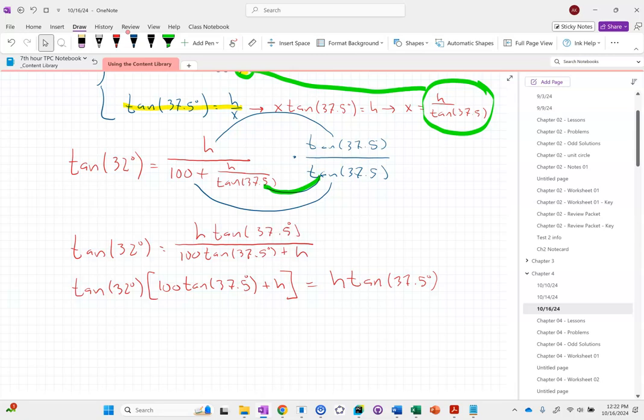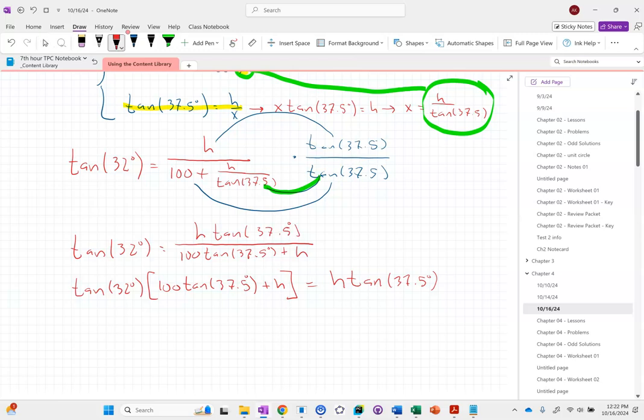Now I don't have a fraction. Okay? But when I look at this, what do I still notice that's not great for us? I have h's in two different locations, right? I have two separate h's. To solve this, I need to get those h's into one location. So I'm going to try to get the h's both on the same side and then combine them together in some way.